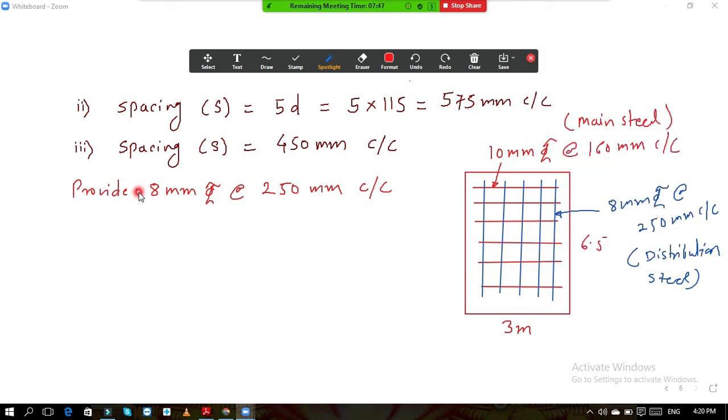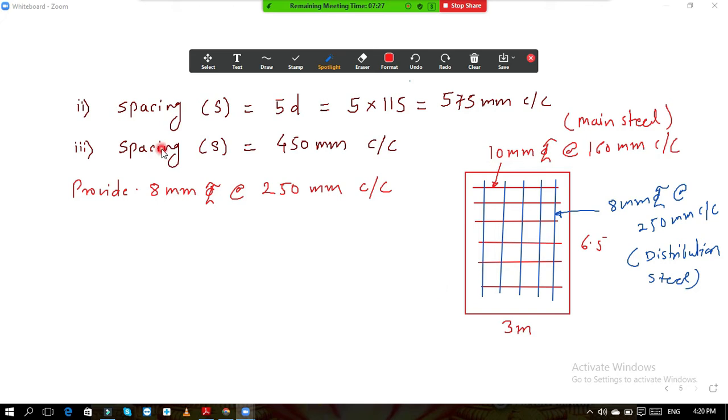Up till now we have calculated the depth, then we have calculated the load, after that the bending moment, after that we have provided the steel.